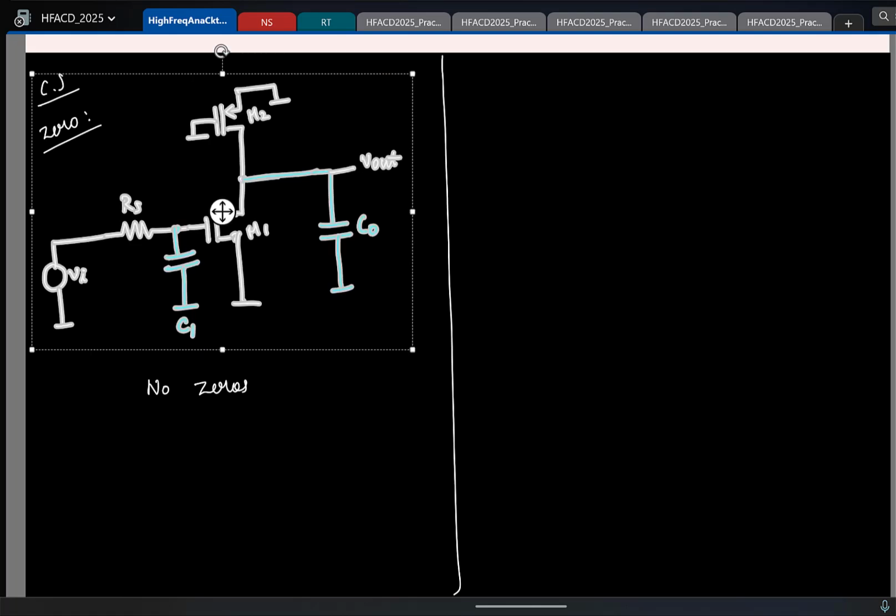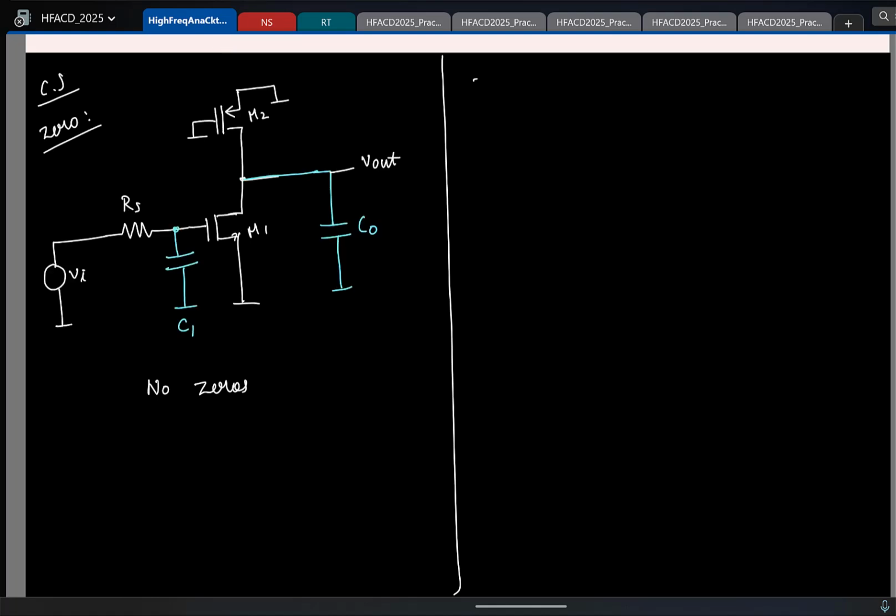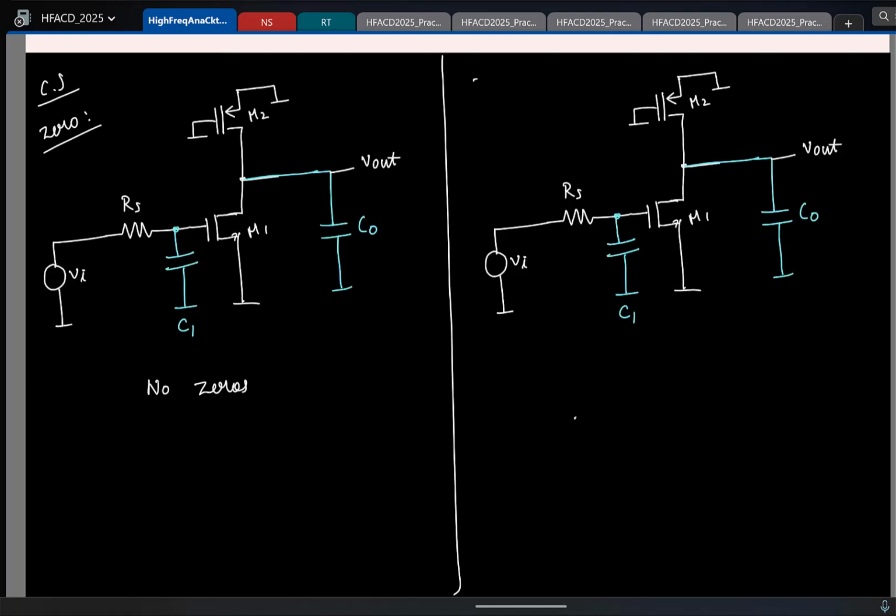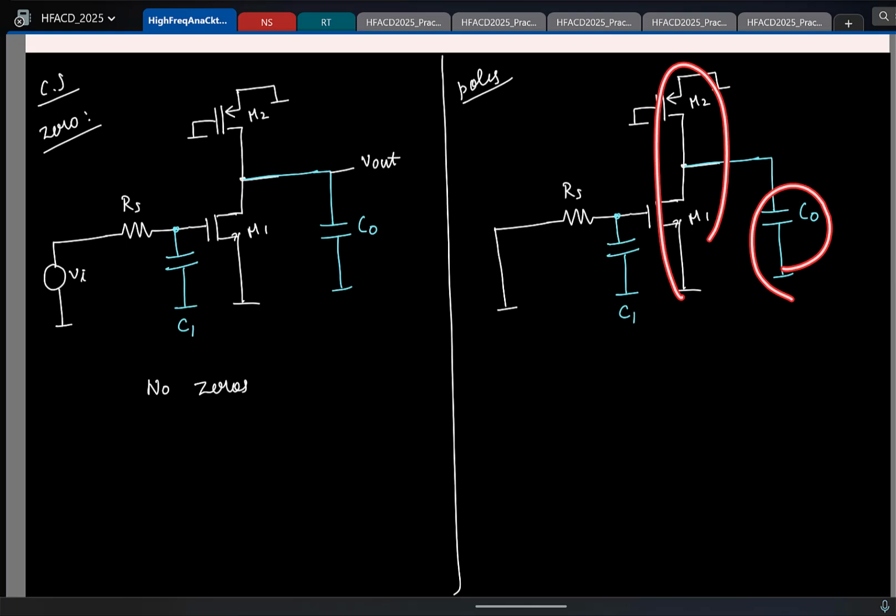Now let's do the poles. Again, for poles, you don't have to look at the input. Now, if I look at the circuit, let me mark it here. This is for poles. So here I seem to have one RC section, right? Similarly, at the output side, I have C0 and some effective R. I have two RC sections.